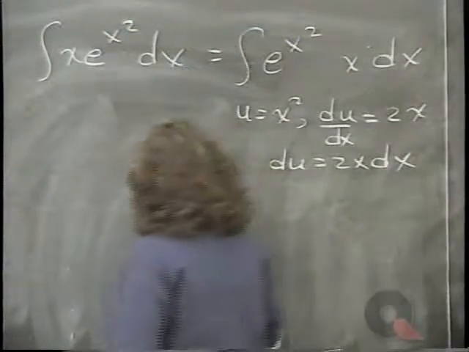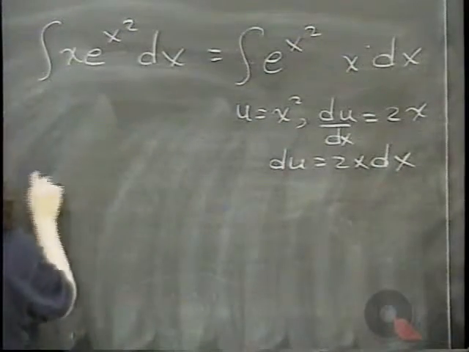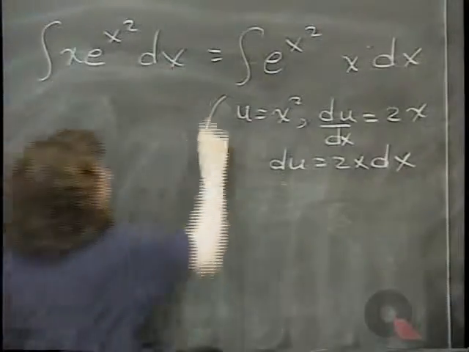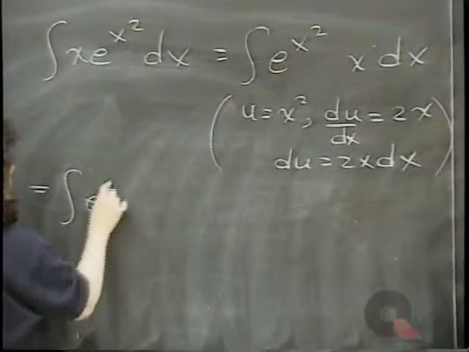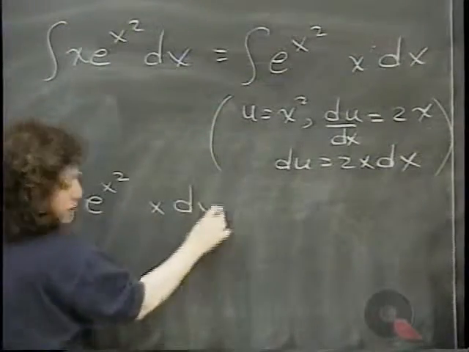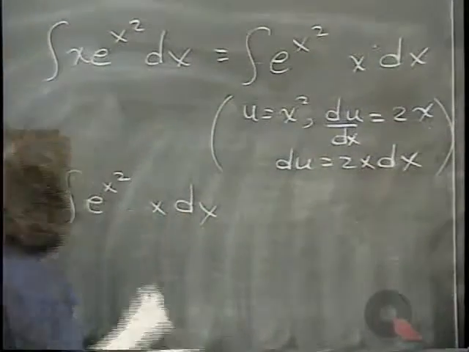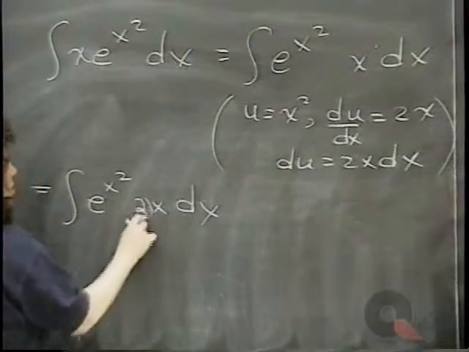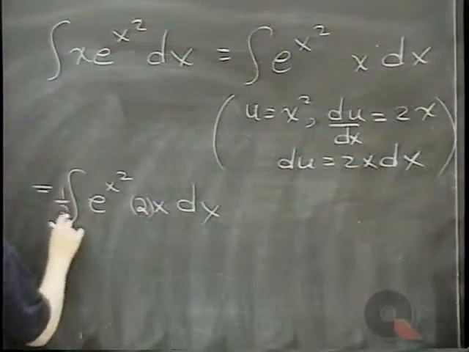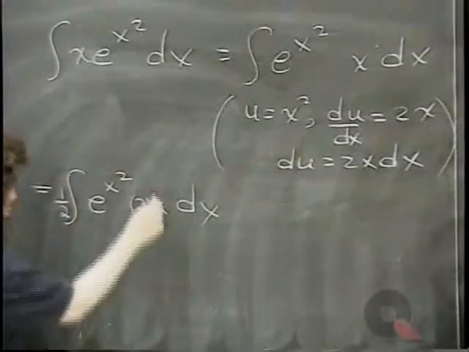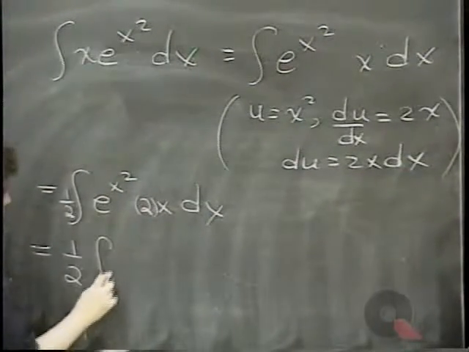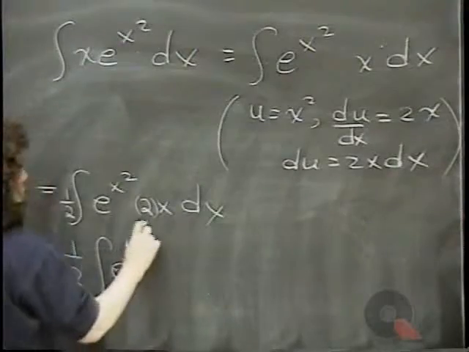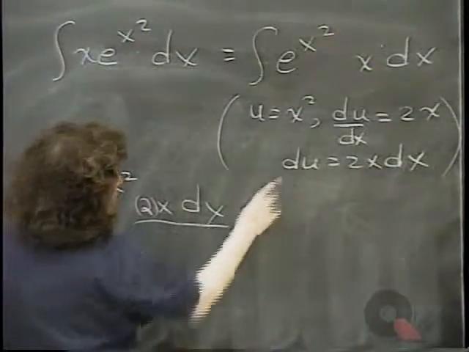If I rewrite this, it was e to the x squared, x dx. If I multiply by 2 and divide by 2 on the outside, the 2's would cancel, back to where I started, but if I leave it like this, it's 1/2 the integral of e to the u, and 2x dx is du.